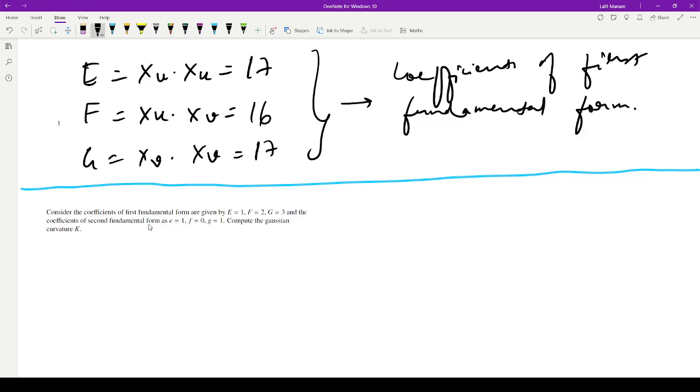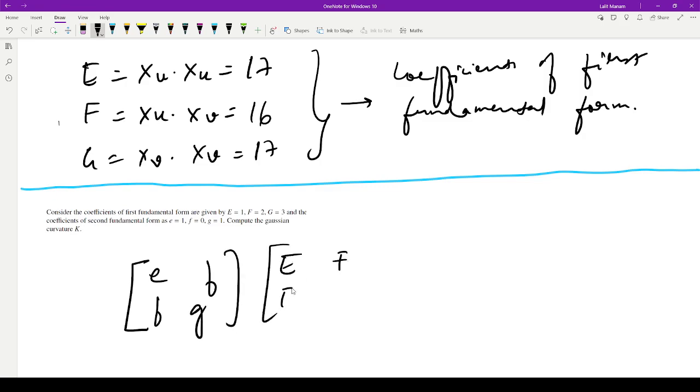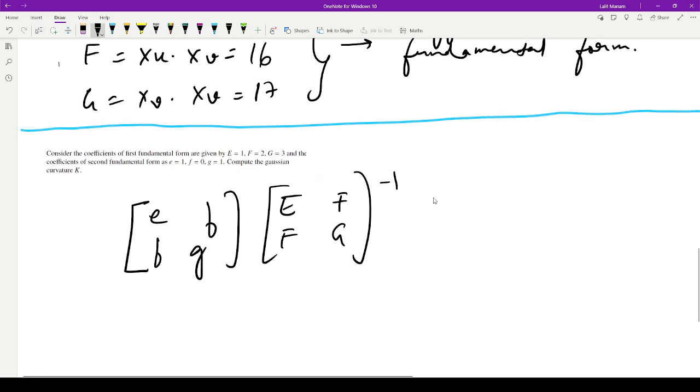So just for revision, I'll write out the explicit form, the matrix with E, F, F, G inverted. This is the linear map. They specified a linear map, right? Linear form.